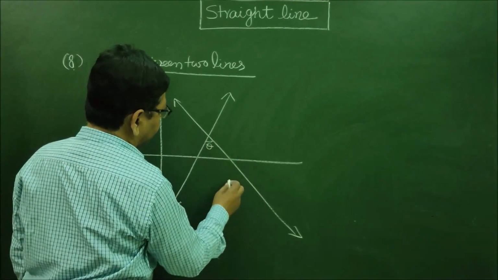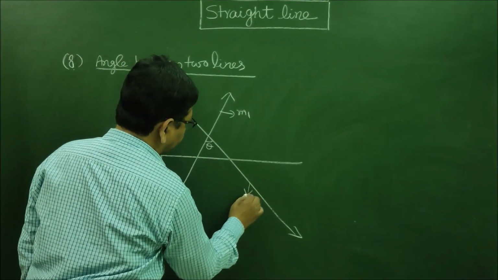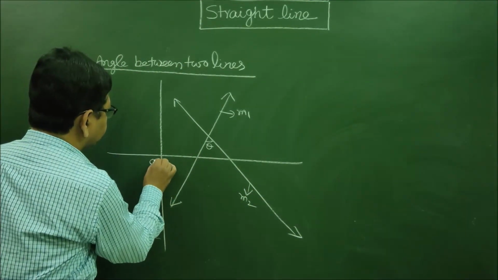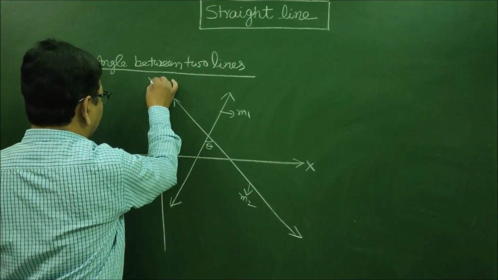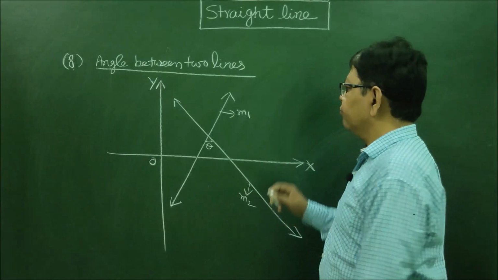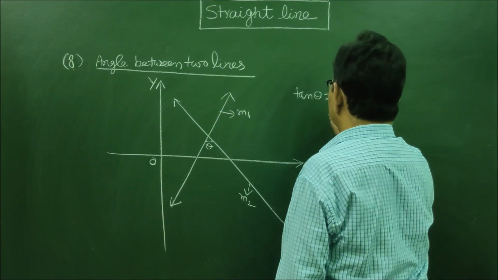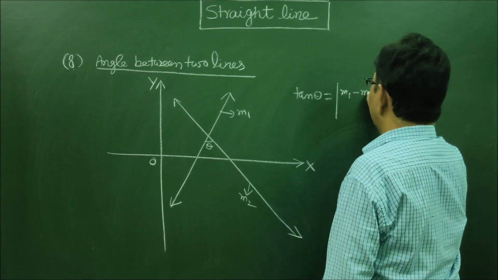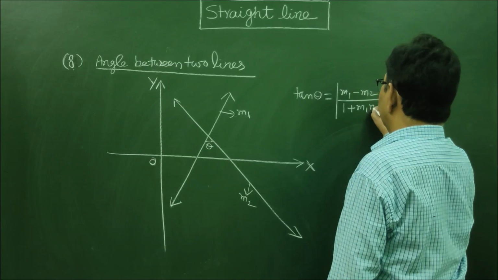If the slope of one of the lines is m1 and the slope of the other line is m2, then the acute angle between them can be obtained by using the formula tan theta is equal to mod of m1 minus m2 upon 1 plus m1 into m2.